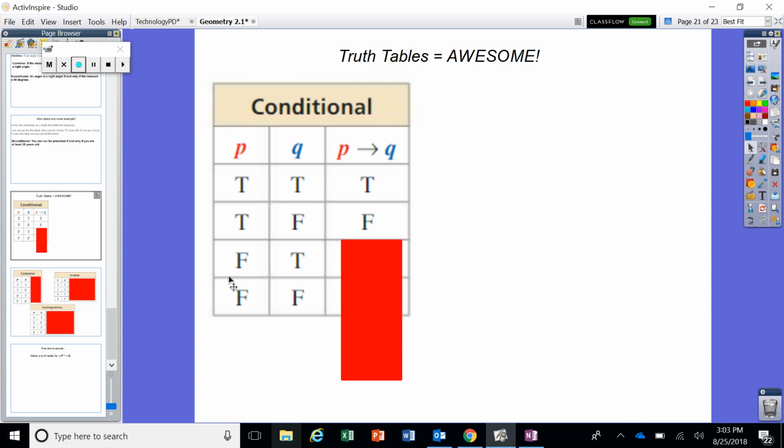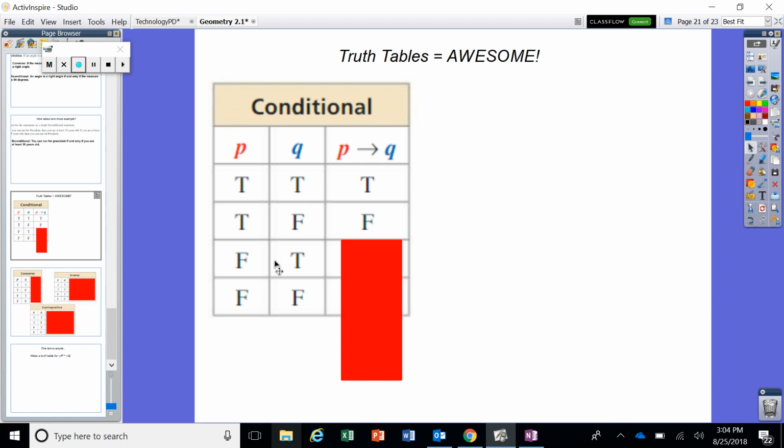What happens if it's false implies true? Well, think about it. Think back to chemistry classes, or biology for that matter. You're working on a science experiment, and you make a hypothesis. And the hypothesis, or the good estimate guess that you make, ends up being false.